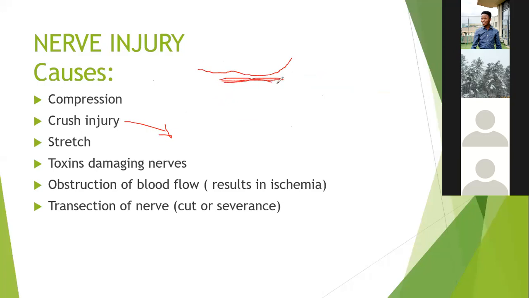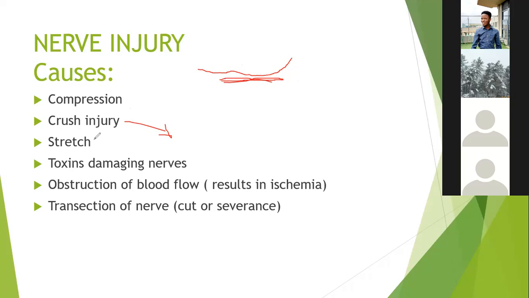The type of injury that you cause here may cause the axons to split. Now, if that happens, it may be reversible, it may not be reversible, depending on the extent of the damage.